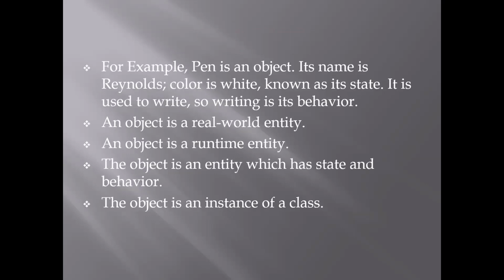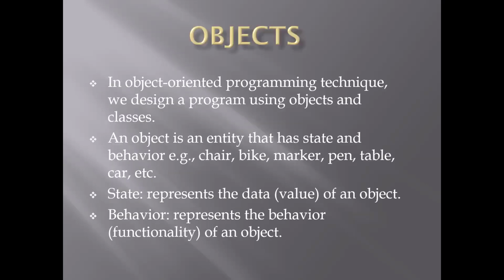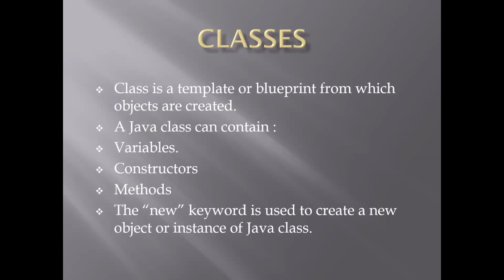As we mentioned, an object has a state and behavior, and the data that represents state is all in variables. Then the behavior is represented by the methods or functions in a class. Then constructors, as we said, are a special kind of method created in a class, and we will talk about them later.